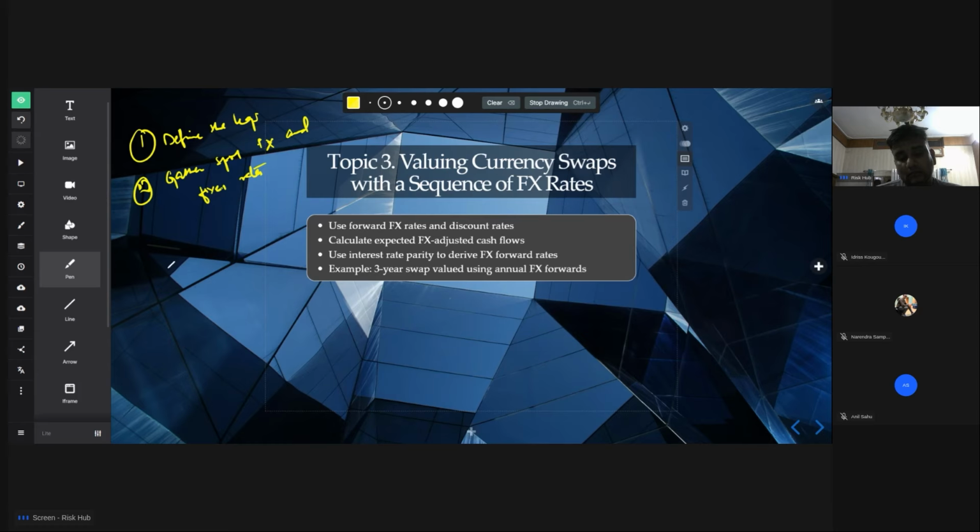Then you derive FX forwards. And finally you project your cash flows, and then you convert and discount.